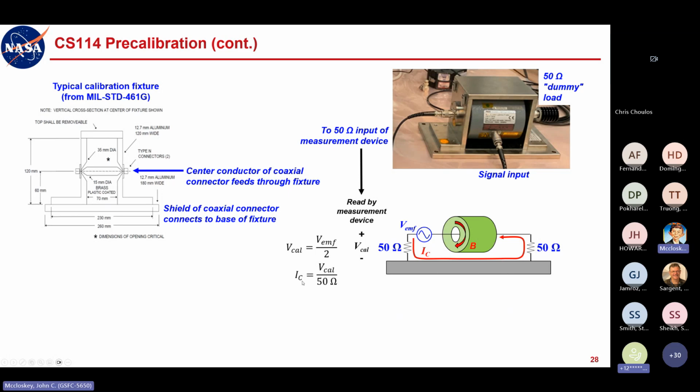And so the calibration current is the calibration potential divided by the 50 ohm input impedance of the measurement device. Or the other way to think of it is that it's the injected potential, the injected EMF, divided by 100 ohms. Clearly, it's the same thing, but depending on how you're looking at it, one of these might make more sense than the other, but they are of course equivalent.